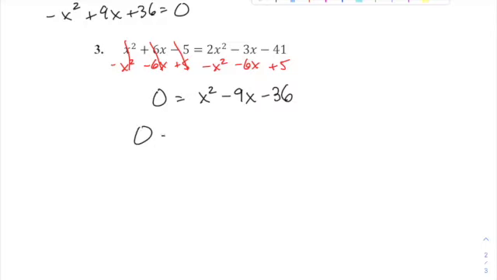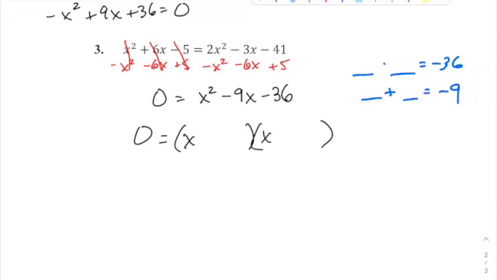We want to do our unfoiling pattern here, our trinomial. It's just x squared, so x and x can go there. And now two numbers that multiply to be negative 36, and the same two numbers have to add up to be negative 9. We know they got to have different signs to multiply to be a negative.